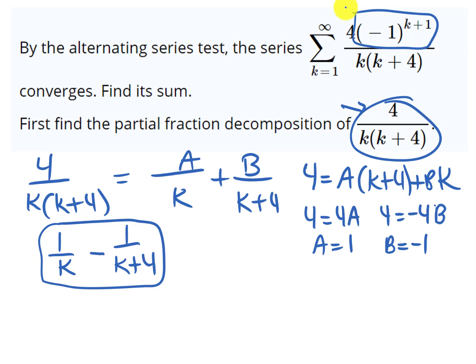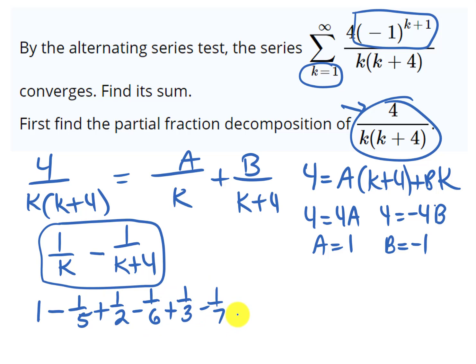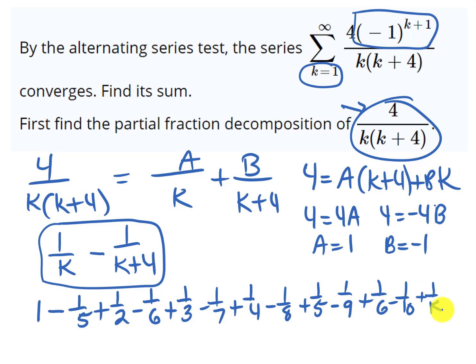We're starting with a 1, so I'd put a 1 in and get 1 minus 1/5, putting a 2 in, plus 1/2 minus 1/6, then putting a 3 in, 1/3 minus 1/7, putting a 4 in, 1/4 minus 1/8, putting a 5 in, 1/5 minus 1/9, putting a 6 in, 1/6 minus 1/10, and then we would have the kth term minus the 1 over k plus 4, and then it would keep going.